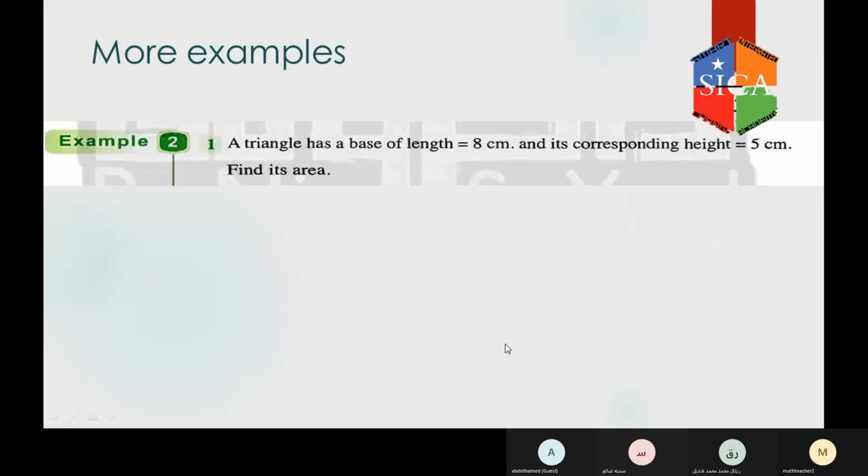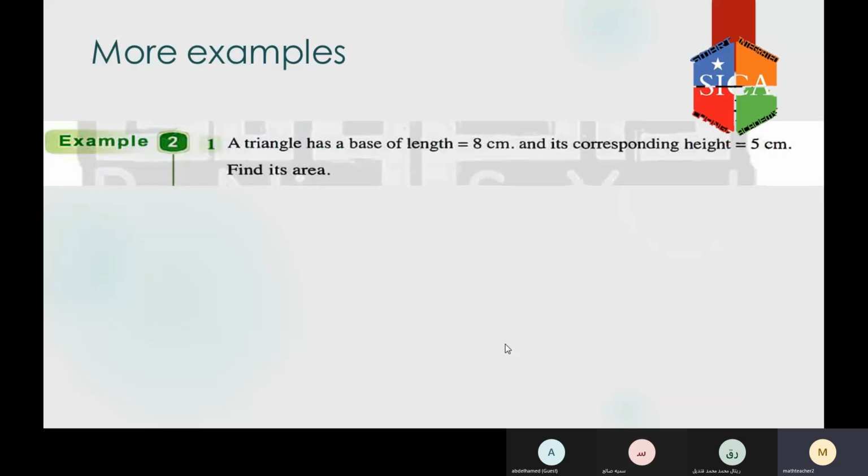Let's see examples. A triangle has a base of length 8 centimeters and its corresponding height equals 5. See, what did he say here? Corresponding height.